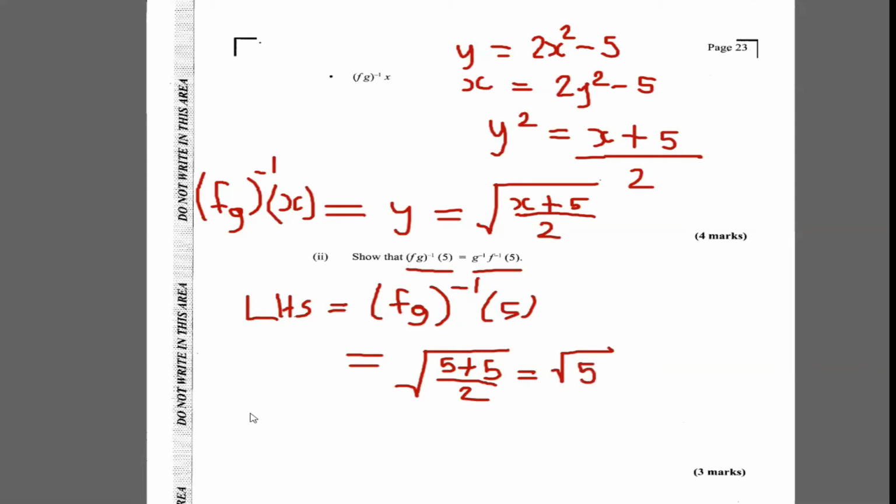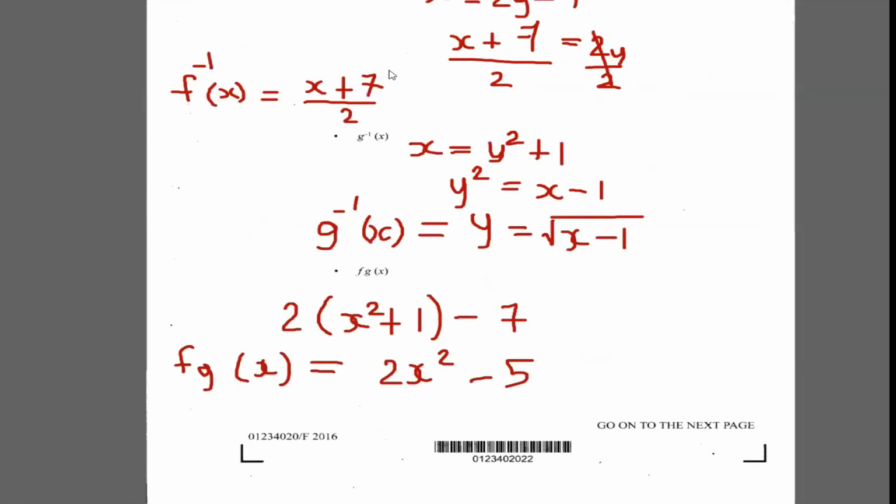Now let's check the right-hand side to make sure that all is well. The right-hand side is going to be g inverse f inverse of 5. So what that means is you're going to put 5 into f inverse first.